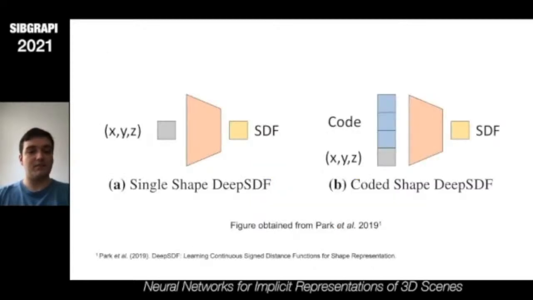A side-by-side comparison, retrieved from the work of Park et al. Our original approach is to simply train a model using only the point sample, XYZ, fed into the network, resulting in an SDF value. Then the loss is calculated, and then there is the backpropagation process.